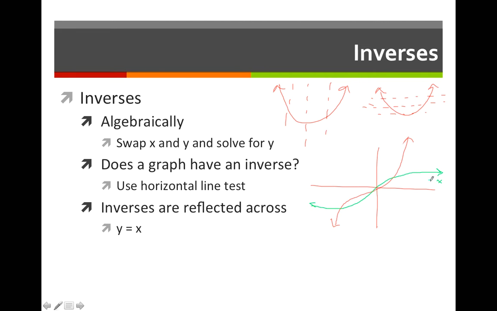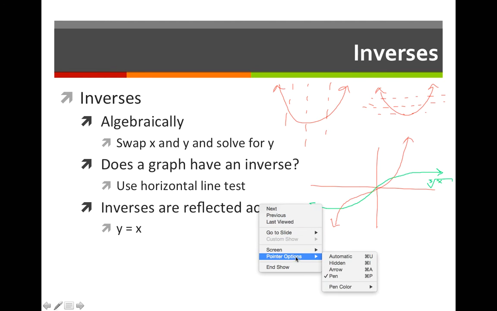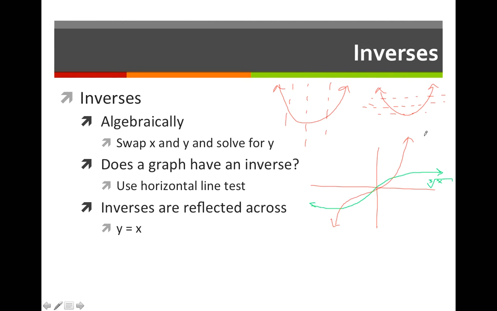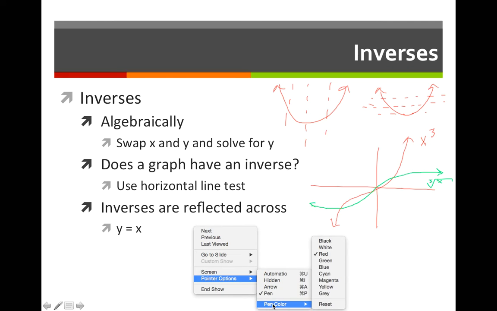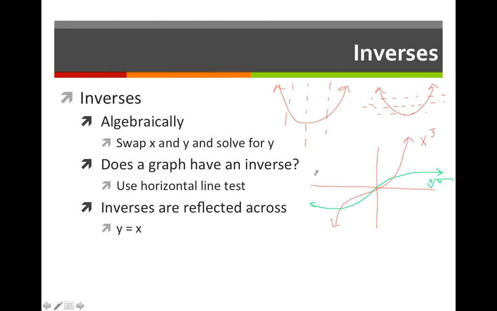So this is the cube root of x, and the red version is the cube of x. And it's reflected across the line y equals x. If you drew in the line y equals x right here, it's reflected across that line. And inverses are always reflected across the line y equals x.